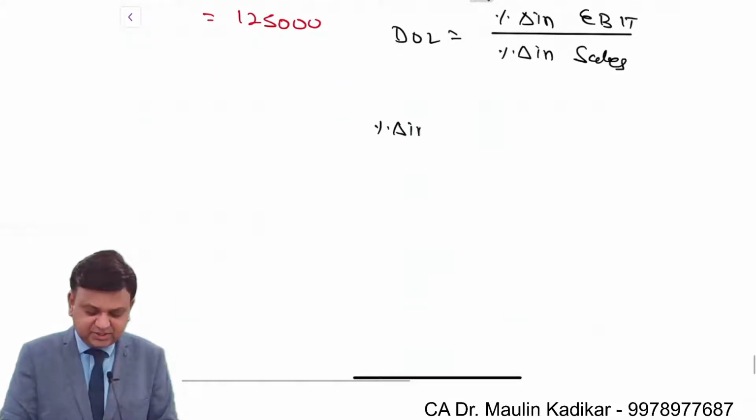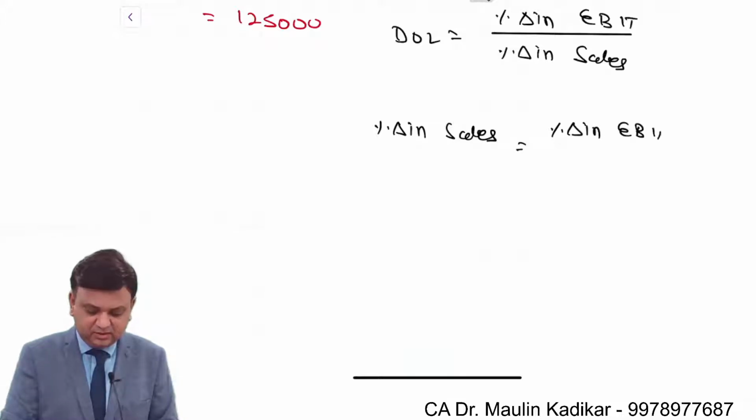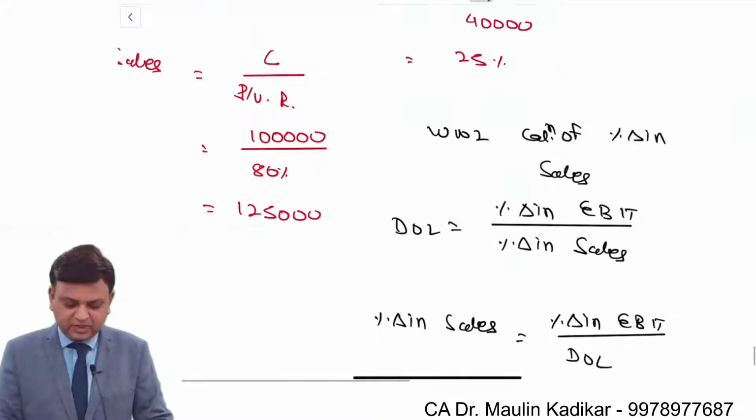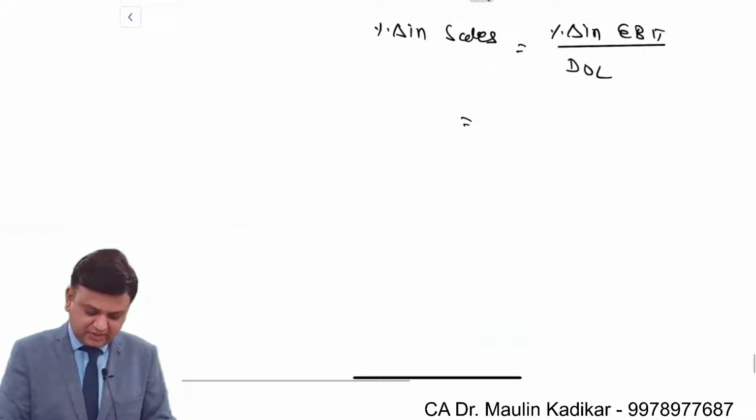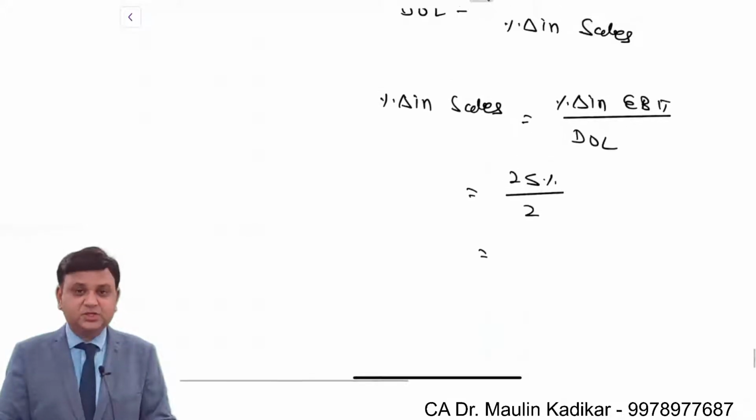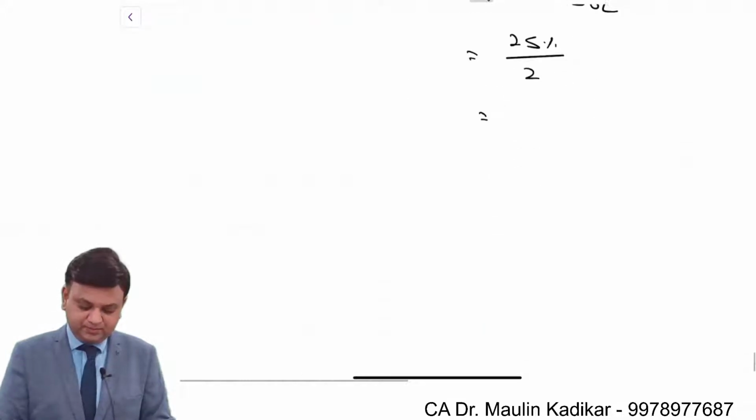So percentage change in sales is equal to percentage change in EBIT upon DOL. So it is 25 percentage divided by 2. Why? Because DOL value is 2. So this is 12.5 percentage.